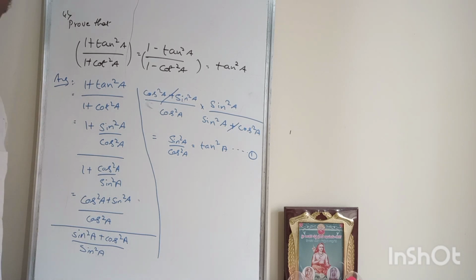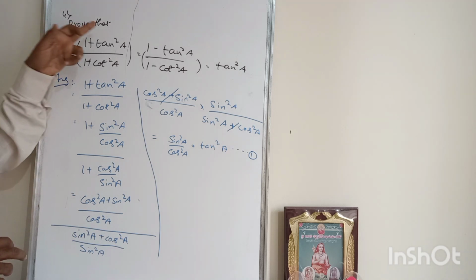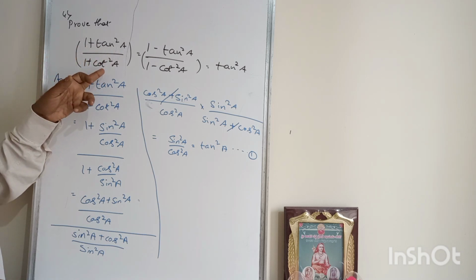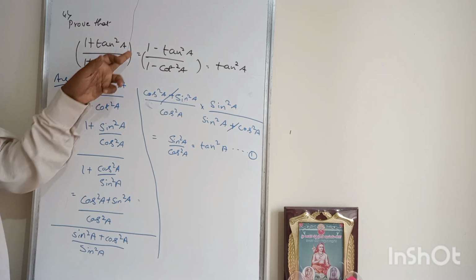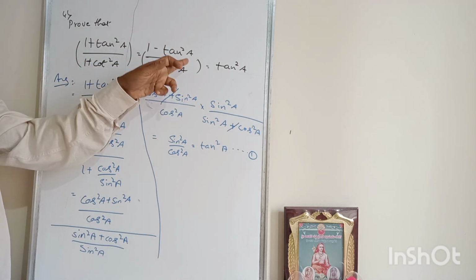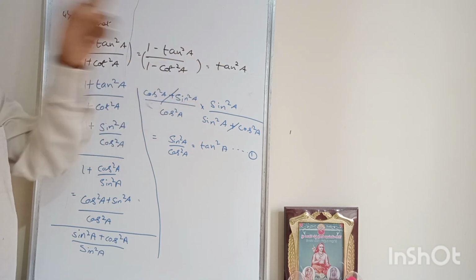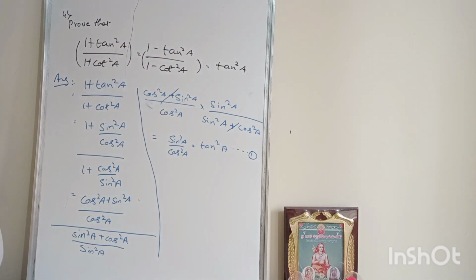Welcome to the fourth problem. Prove that (1 plus tan square A) by (1 plus cot square A) is equal to (1 minus tan square A) by (1 minus cot square A) is equal to tan square A. Here we have two problems.